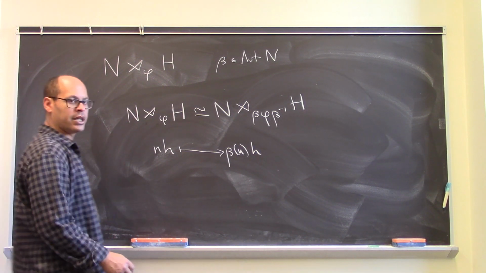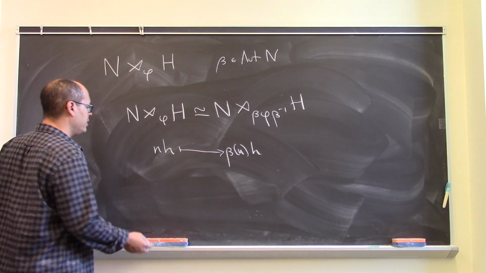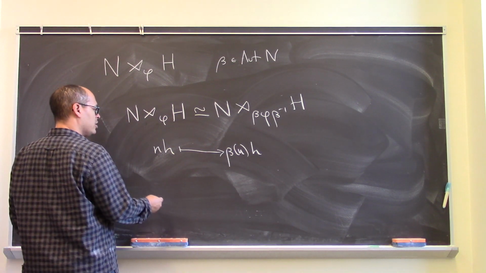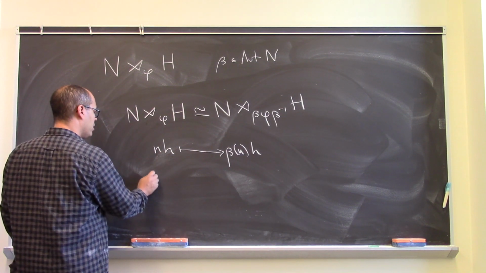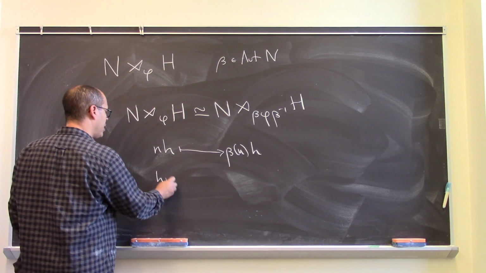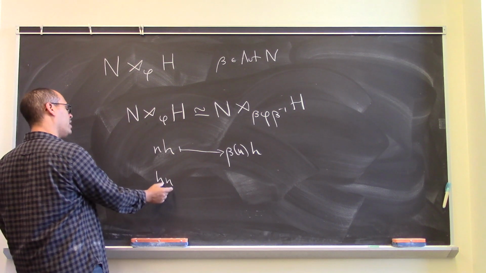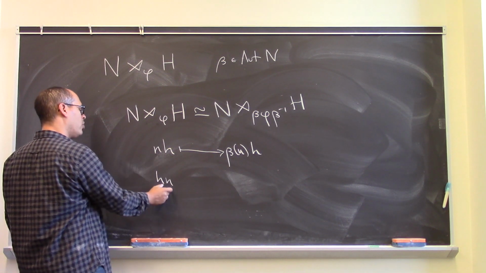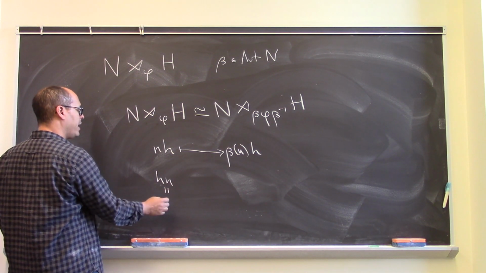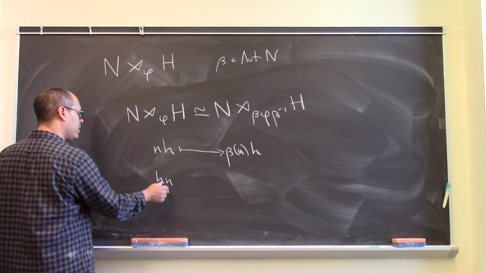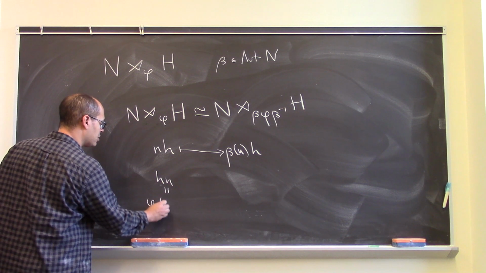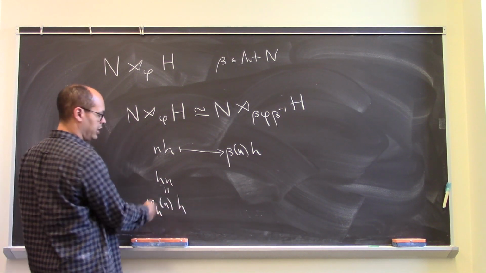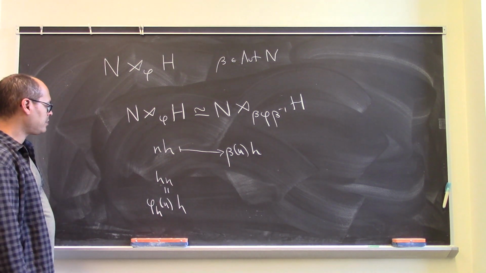Let me just pick a particular educational detail to notice. So why is this working? Well, the defining property of the semidirect product is that if you write these things in the wrong order, then you can straighten them back out by applying the automorphism corresponding to h in Aut N, and then you can move the h onto the other side.